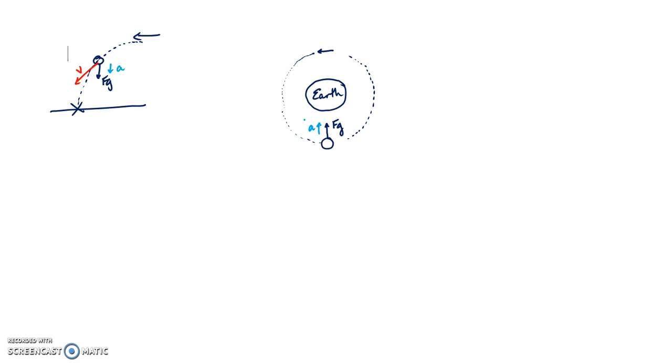Why weren't we told about this? Because no one cares. Because in reality, you have to remember that it also has this tangential velocity. So it's moving out like this. And as long as there is a beautiful balance between how fast it's moving away and how hard it's being pulled in, it's not actually going to come in and smack us.